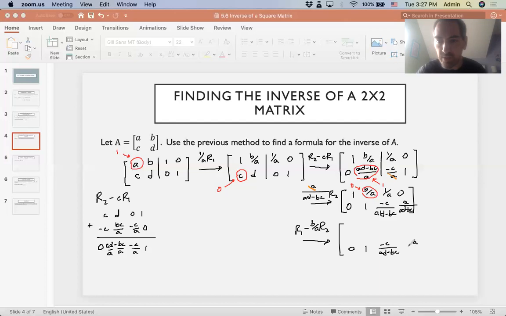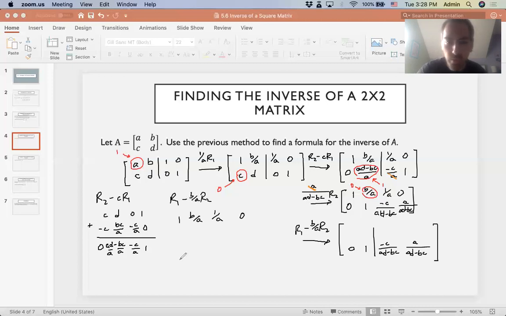Let's see what that looks like. Okay, row 1 minus B over A times row 2. Here's my row 1. And negative B over A times row 2.